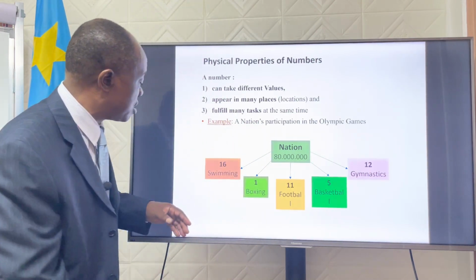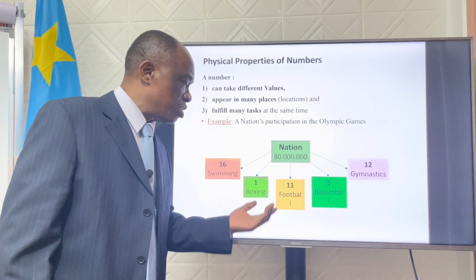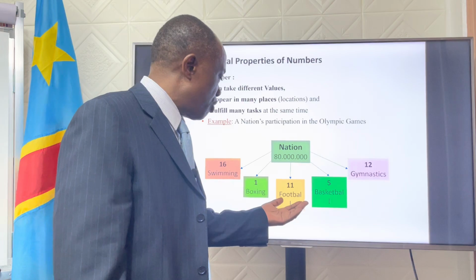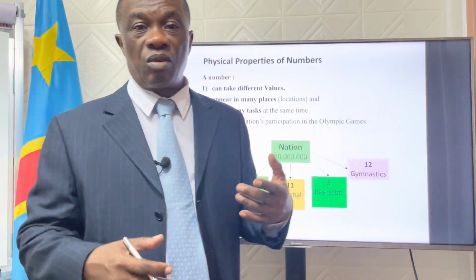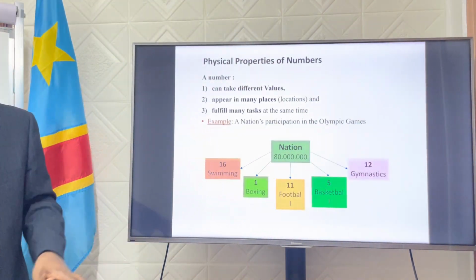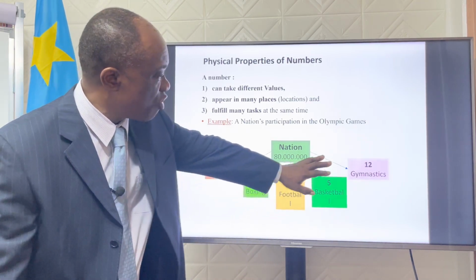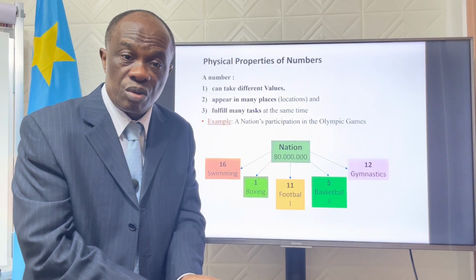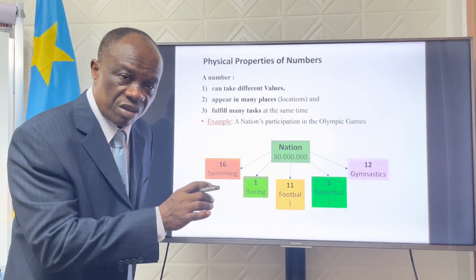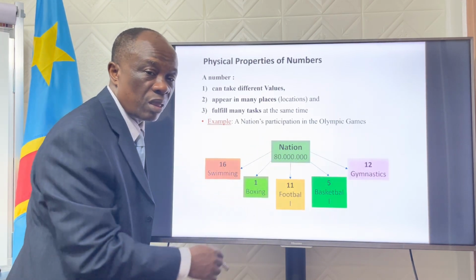So we can select a team of swimmers, boxers, football players, basketball players, gymnastics, acrobatics, whatever. So name them all. Martial arts. You can have different teams like that. So each team represents the nation, the 80 million people of the country.